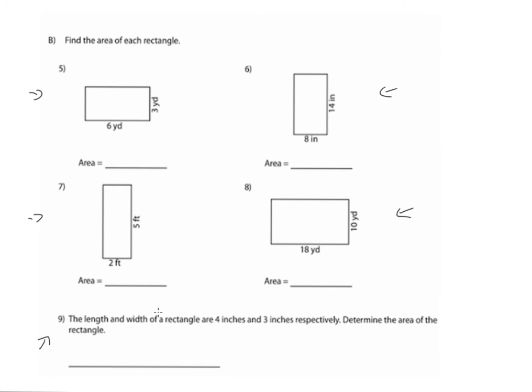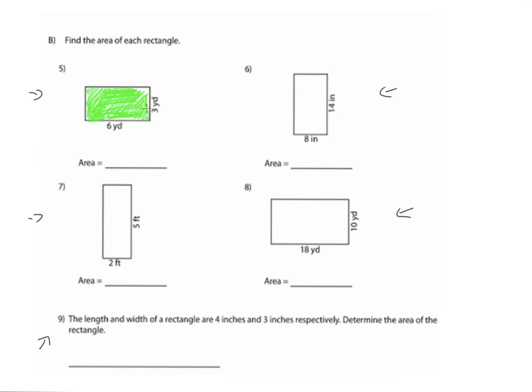Just like we did before, we want to find the area, which is the amount of space inside of the rectangle. And then we will go through it on Thursday.